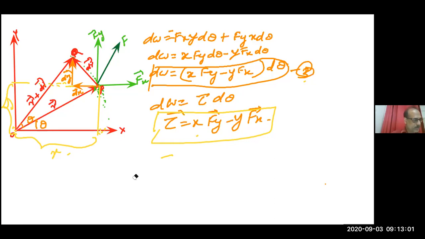Hence, torque in rotational motion is analogous to force in linear motion. So what does analogous mean? Similar.